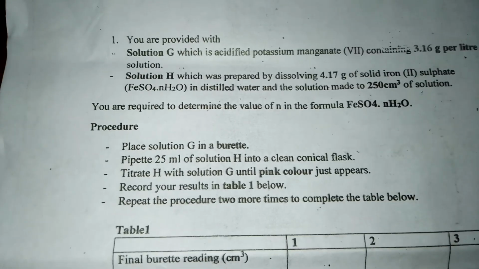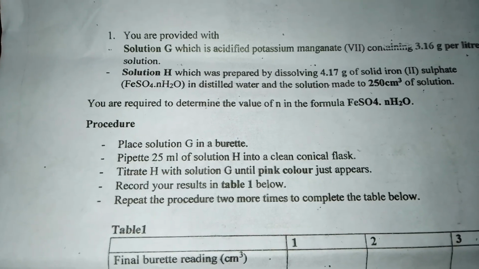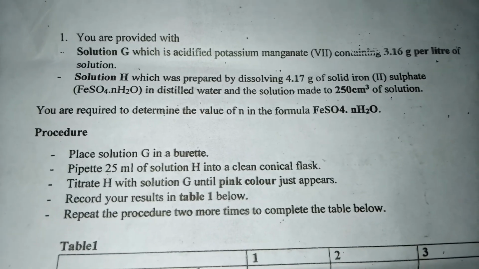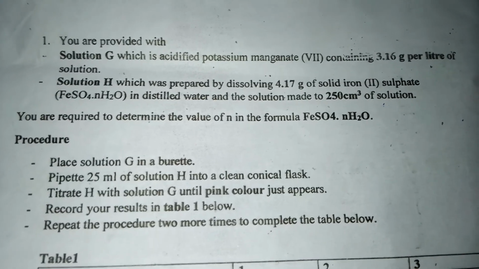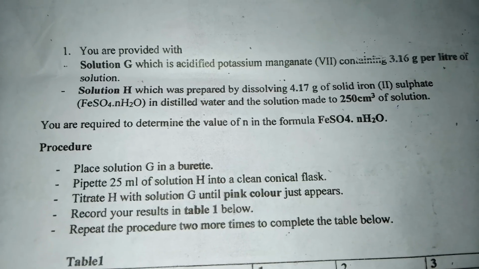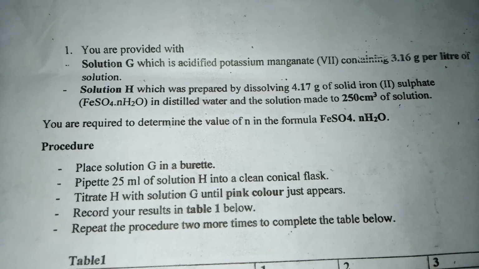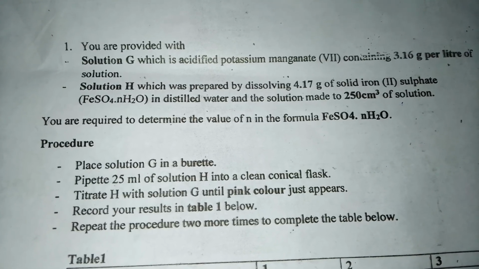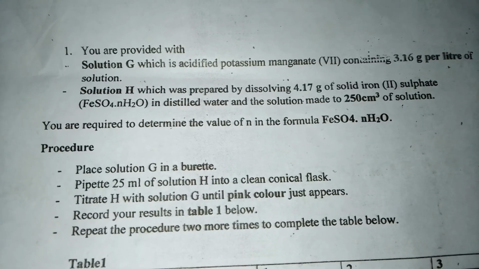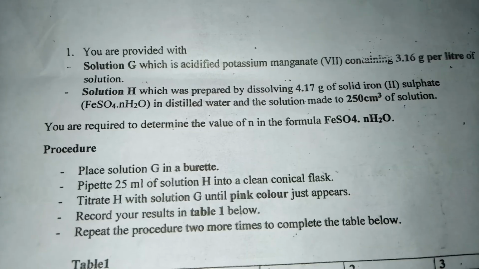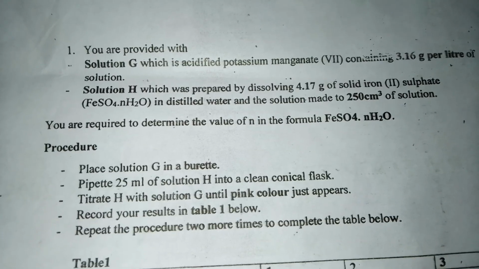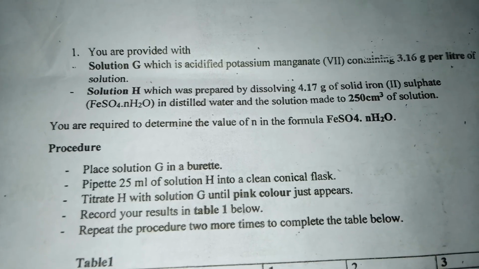So without wasting time, I'm just going to take you through the questions. Then we start. You are provided with solution G, which is acidified potassium permanganate containing 3.16 grams per liter of solution. Solution H is prepared by dissolving 4.17 grams of solid iron(II) sulfate, an iron salt, in distilled water, and the solution is made to 250 cubic centimeters.